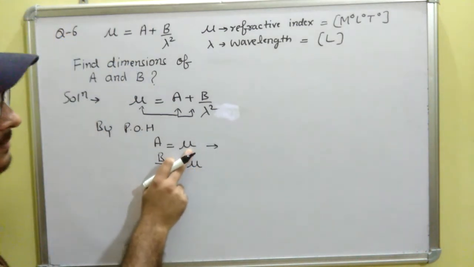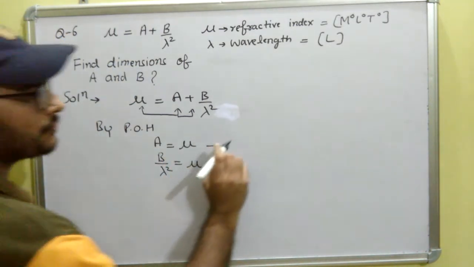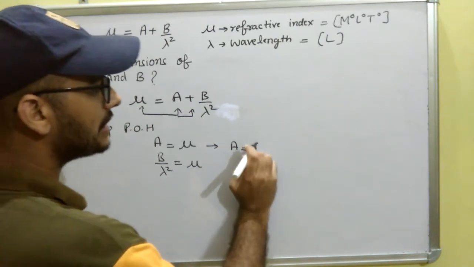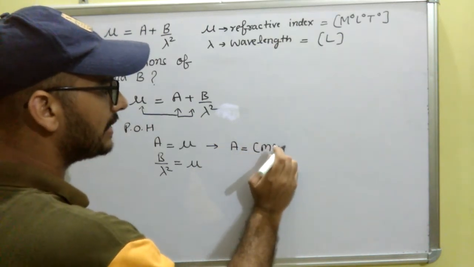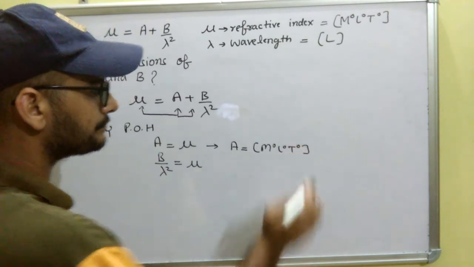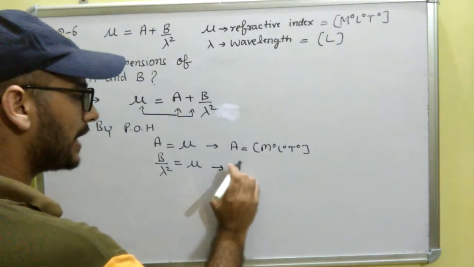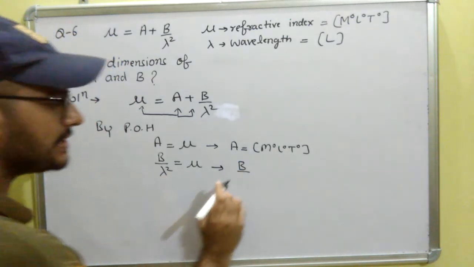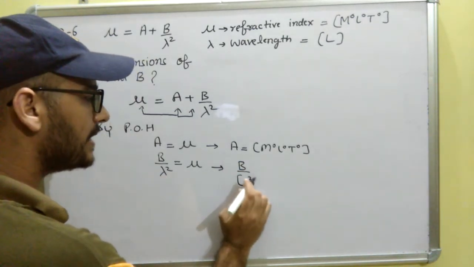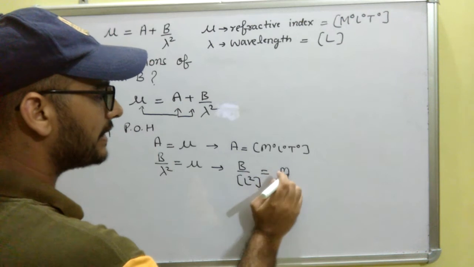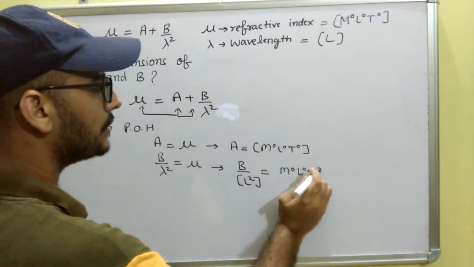Now the dimension formula of mu is dimensionless, so A will also be dimensionless, M0 L0 T0. Now let's calculate from here. B we need to calculate, and the wavelength dimension is L, so wavelength square will be L square, and on the right hand side is M0 L0 T0.